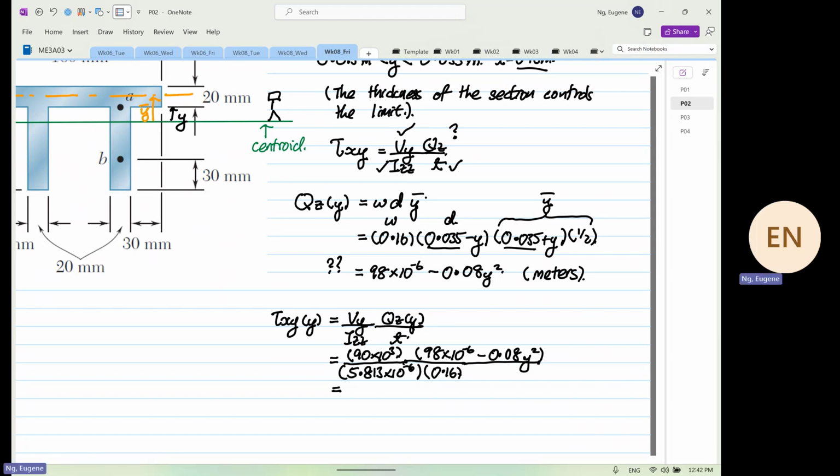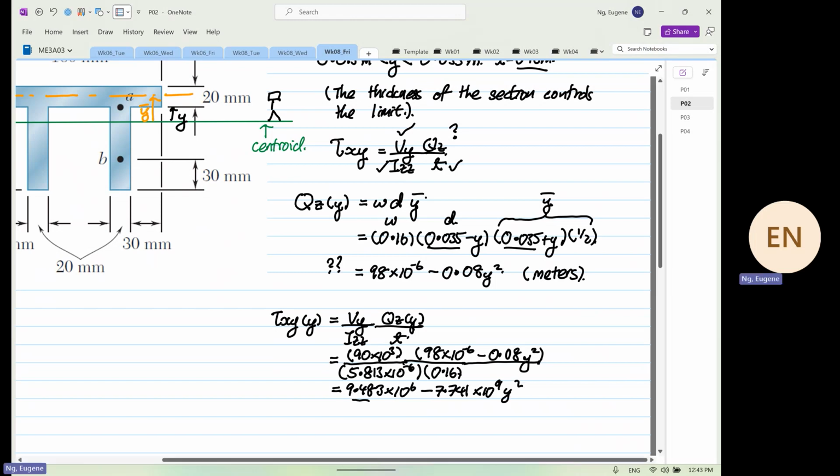I got 9.483 times 10 to the power 6 minus 7.741 times 10 to the power 9 y squared.